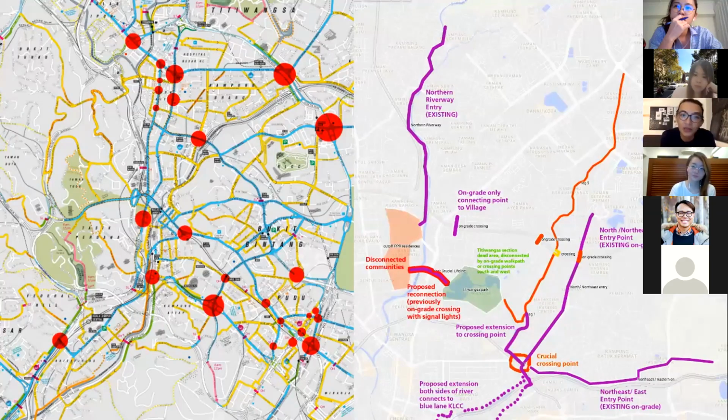I started this project to create a tool, to create a map. And when I made this map, KL didn't have anything about cycling. KL didn't even think that it was possible to cycle. So this map was an aspirational map. It was an advocacy tool.